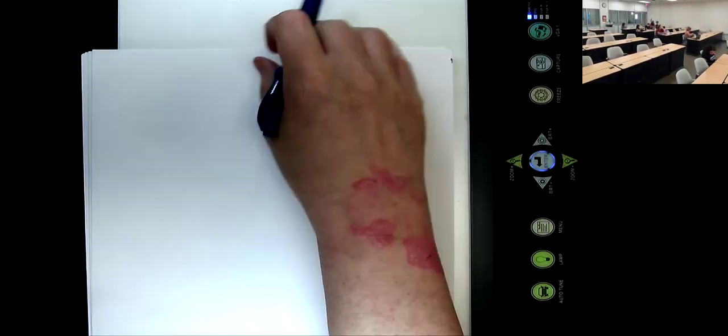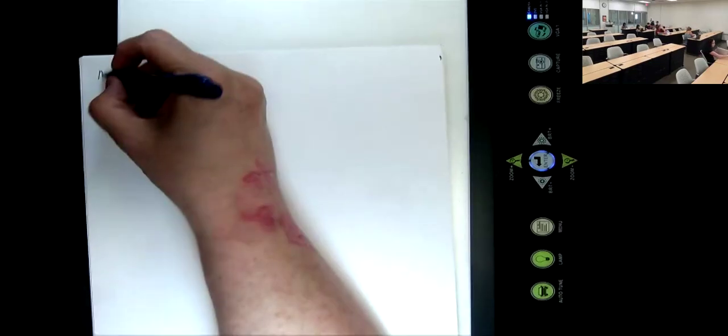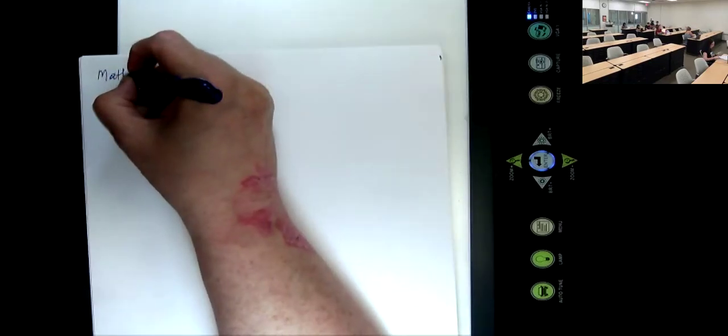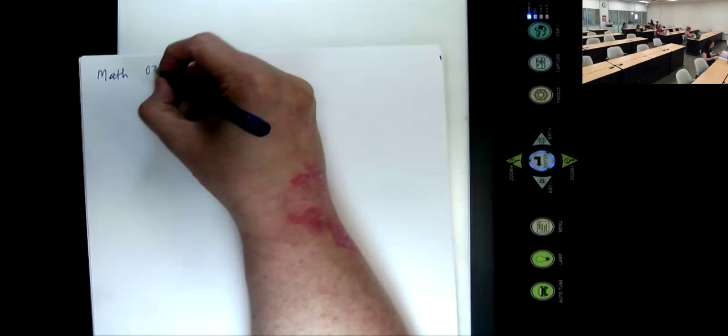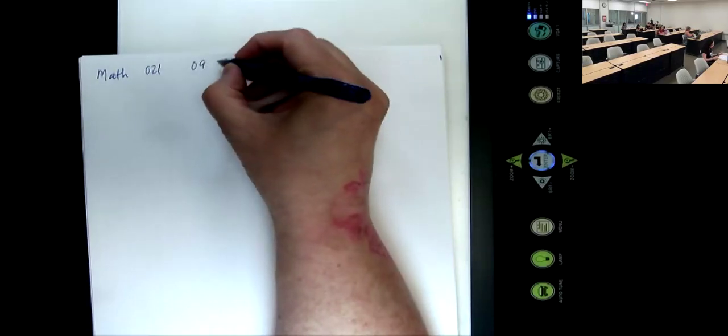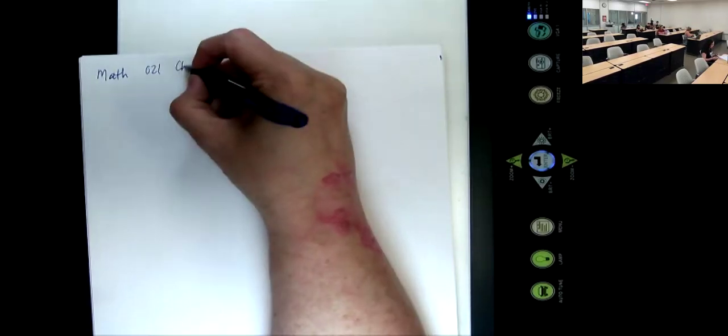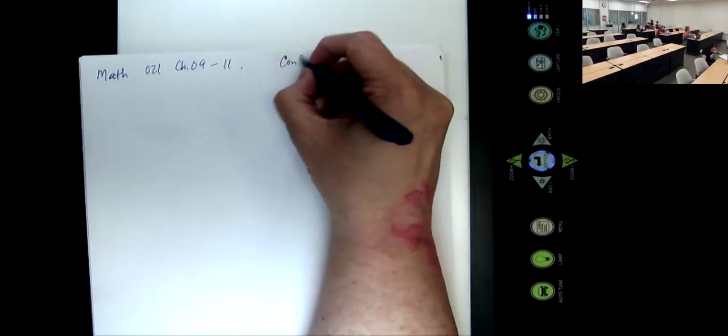All right, here's our quick little recap of what we've done so far, in chapters 9 through 11. Chapter 9 was on confidence intervals.